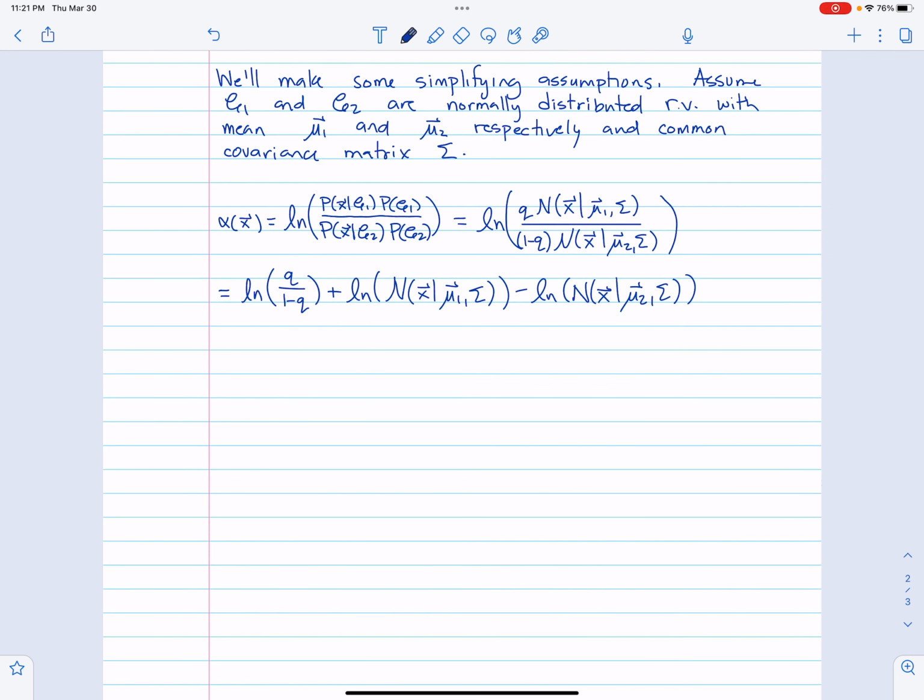And now when we actually write everything out, when I write out this distribution here, which we've done a million times, I'm going to get this term here times e to the negative 1/2 (x minus mu1) transpose sigma inverse (x minus mu1), and then minus the same thing.